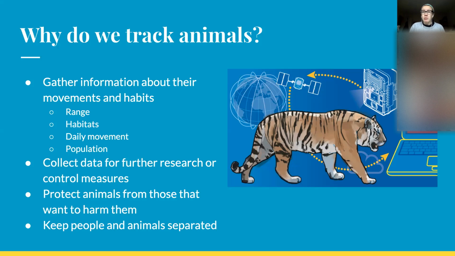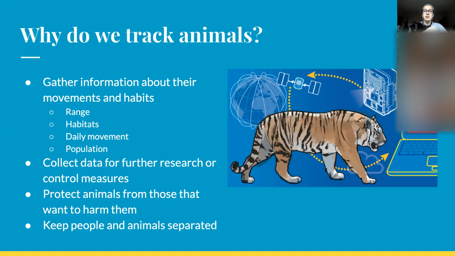We want to know how much they move on a daily basis and where they're going. And then how many of them are there? So that's population data. We're also collecting data for further research or control measures. So maybe there's too much of a population of an animal or there's not enough of that animal. And so we want to track them to try to help keep them safe.